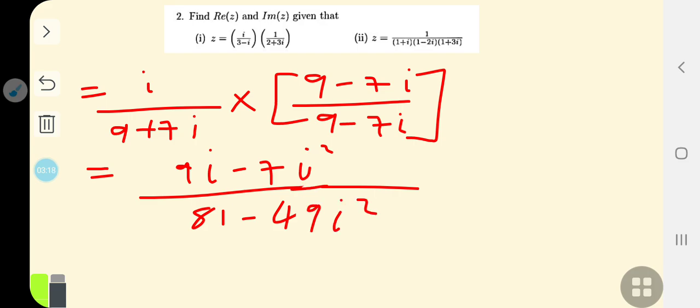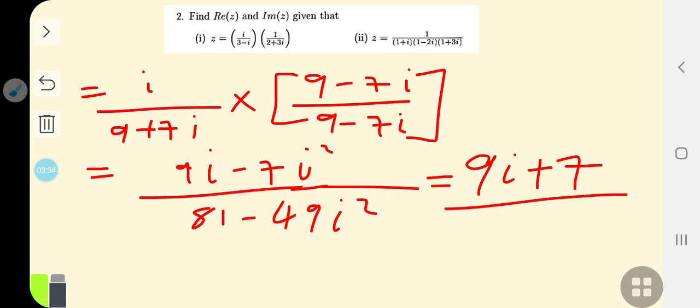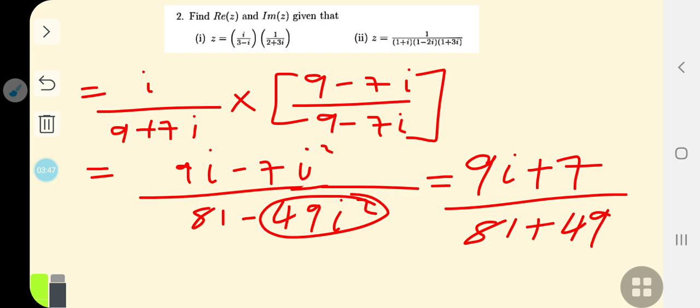I'm going to have 49i squared. So from here I'm going to have 9i minus, so it's now going to be positive 7, divided by, so even here we have i squared, so I'm going to have 81 plus 49.